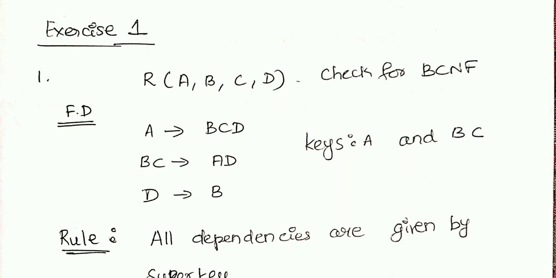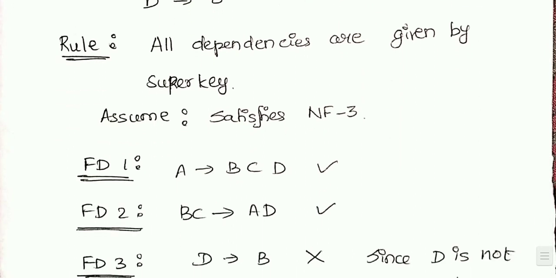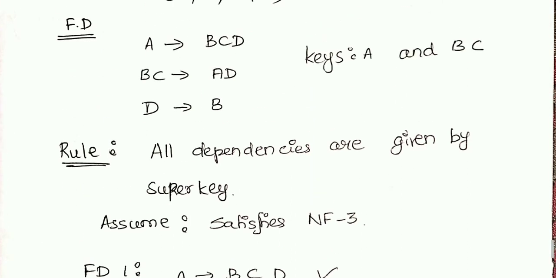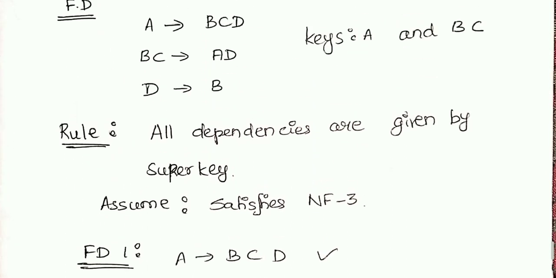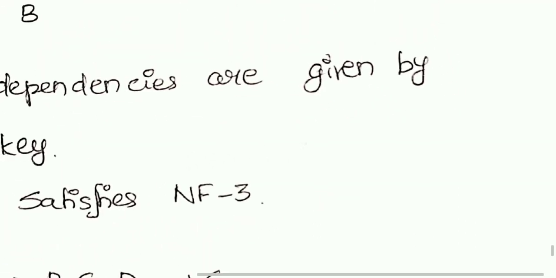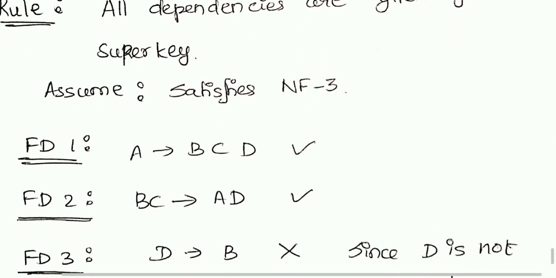For the second functional dependency, BC determines AD, this candidate key BC is a super key because it acts as a key here. So A and BC are the keys. Go for the third dependency, D determines B. Check whether D is a key. No, D is not a key here. So we need to remove that from your table.